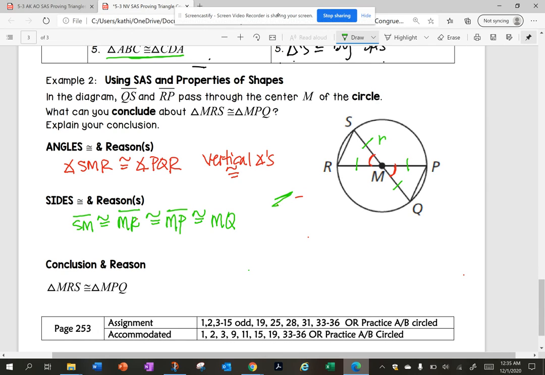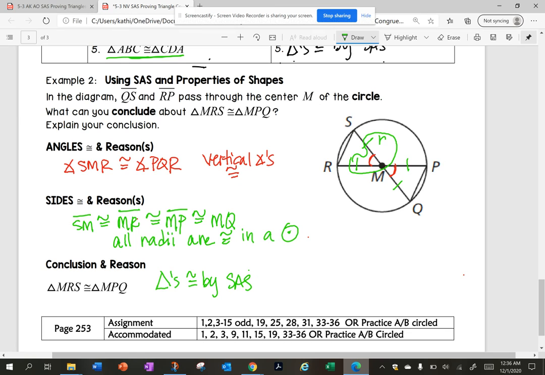And I'm saying that because all radii are congruent, and radii is plural for radius. So now I have side, angle, side. Do you see how I have that? Side, angle, side. So I can say, yes, these triangles are congruent by side, angle, side congruence. Got it.